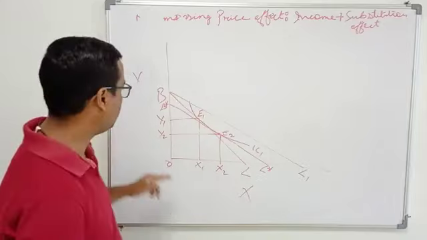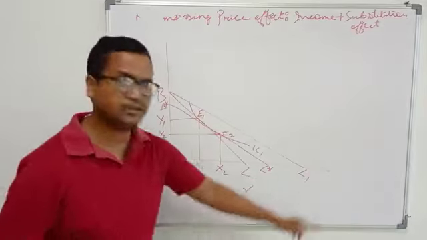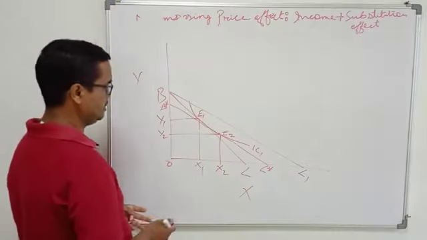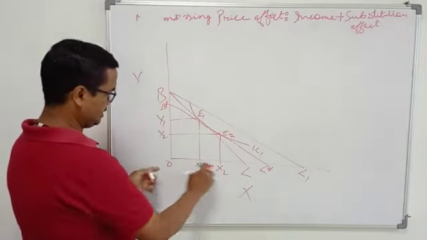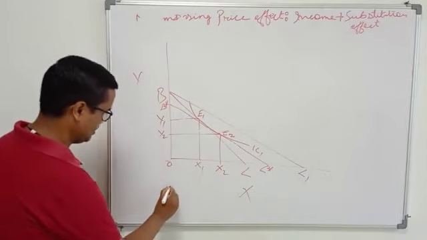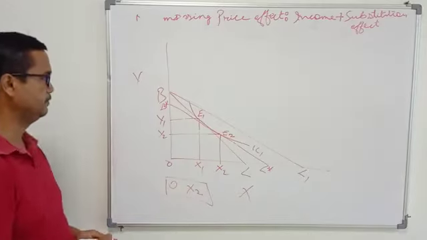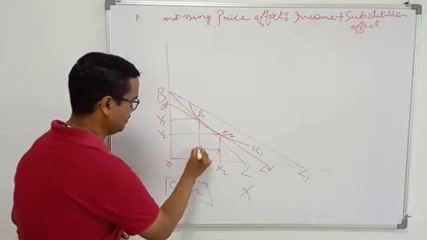That means the budget line B star L star will shift back to BL1. Right now the consumer is consuming OX2 amount of goods. This is nothing but the substitution effect.